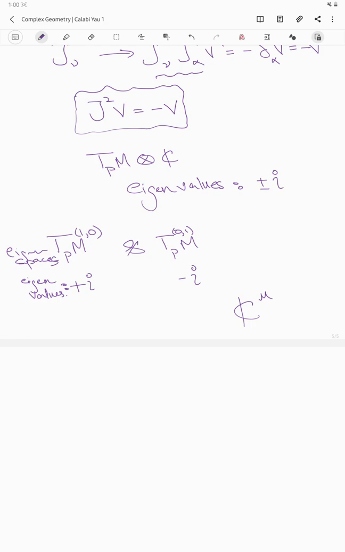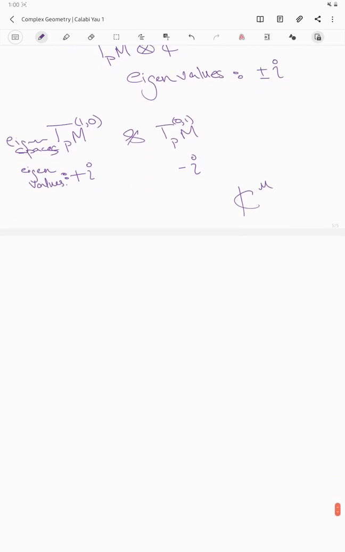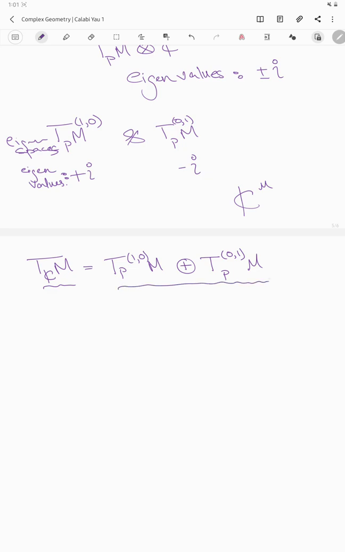And in fact, what we can do is decompose this T_C M, right? We can decompose it into T_P 1,0 M plus T_P 0,1 M. We can write this down as the tensor sum of these two spaces.